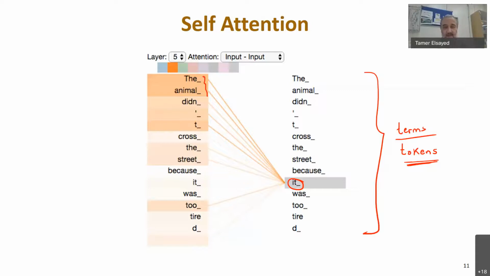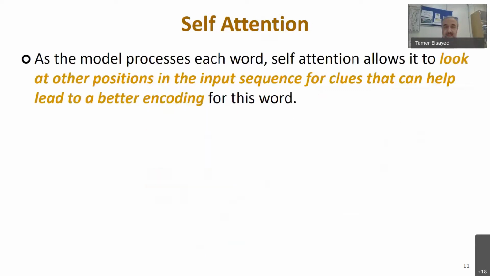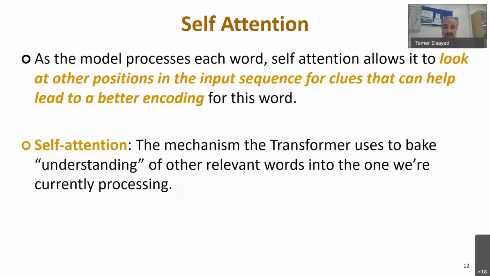Okay, let's move on. We mentioned that self-attention is the mechanism that the transformer uses to involve the understanding of other relevant words into the one we are currently processing. And remember that we are processing all the words simultaneously, so we are learning attention signals between every word and the other words in the sentence.